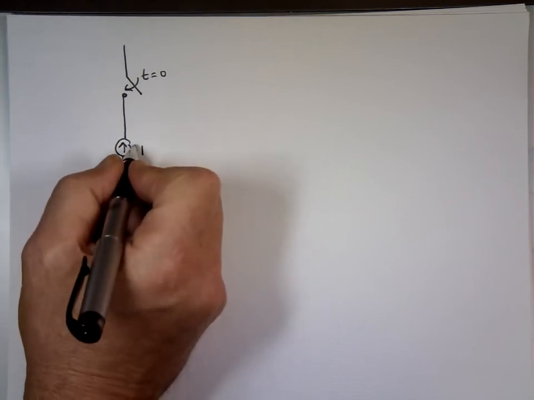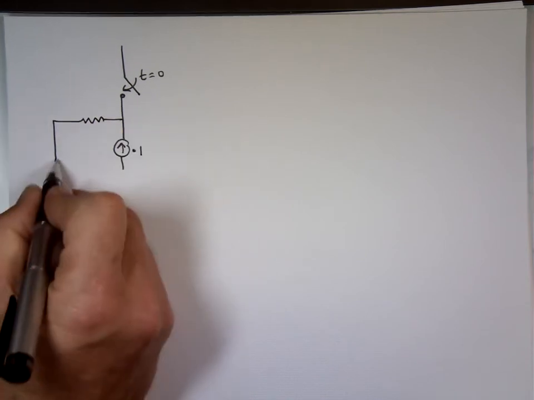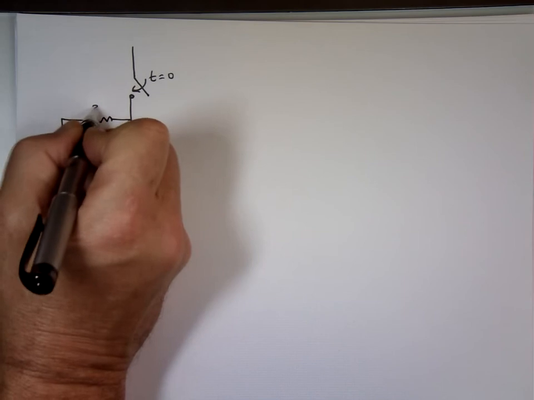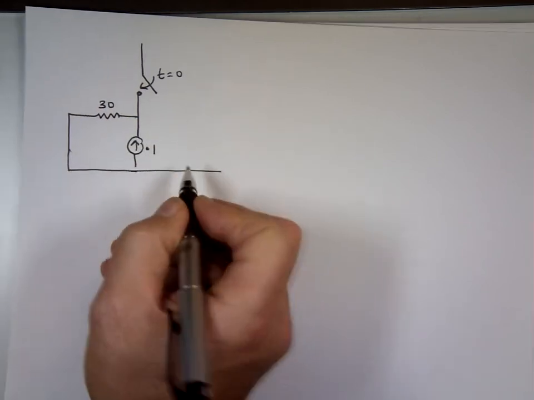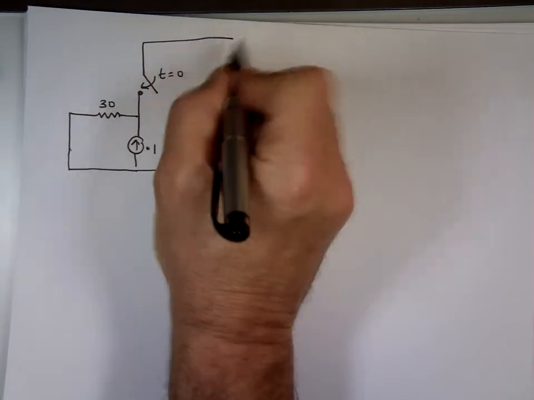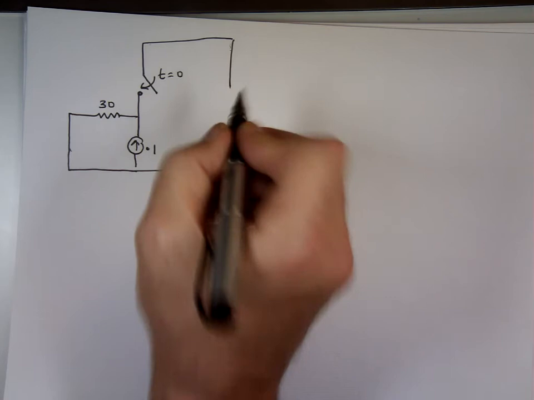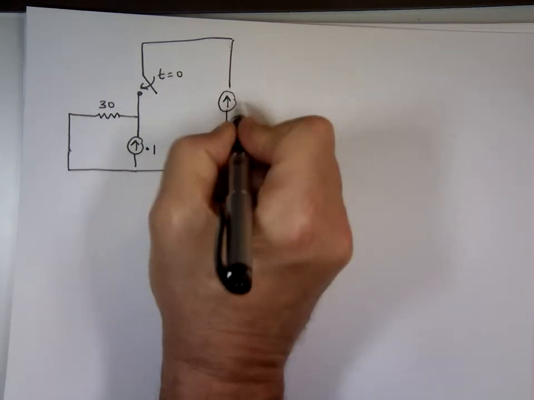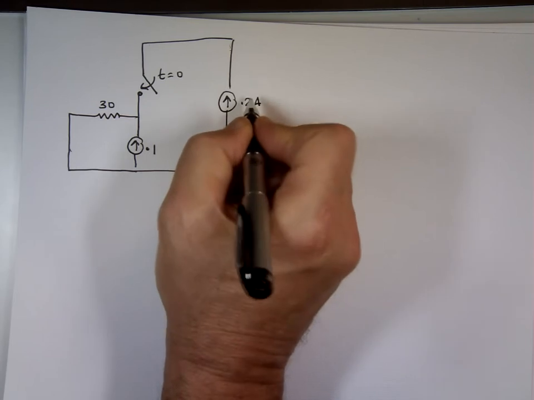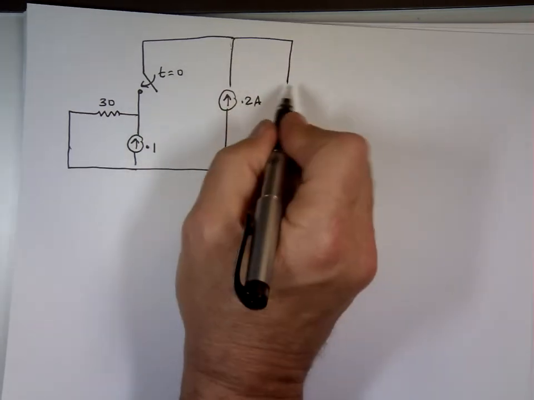I have 30 ohms here. I have another current source of 0.2 amps pushing up here. I have a resistor of 40 ohms.